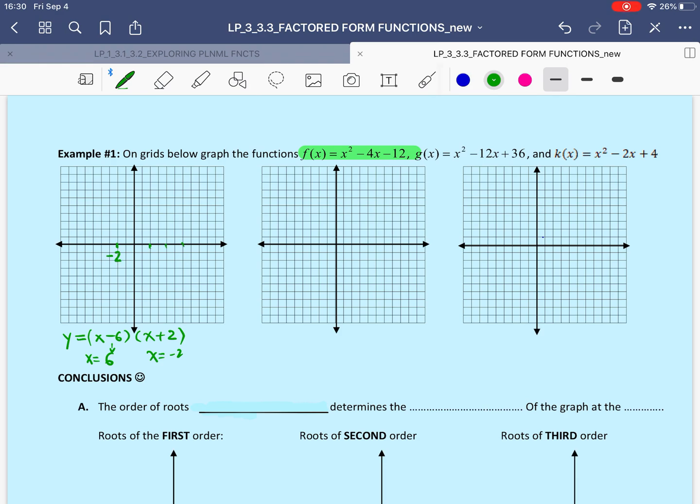So here is negative 2 and here is positive 6. Now the vertex will be somewhere here in the middle, and the parabola opens up, and it has two x-intercepts, one produced by each factor.